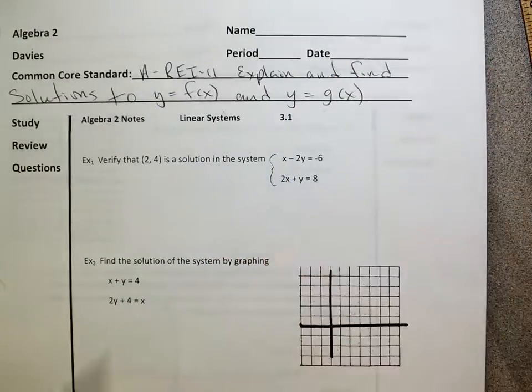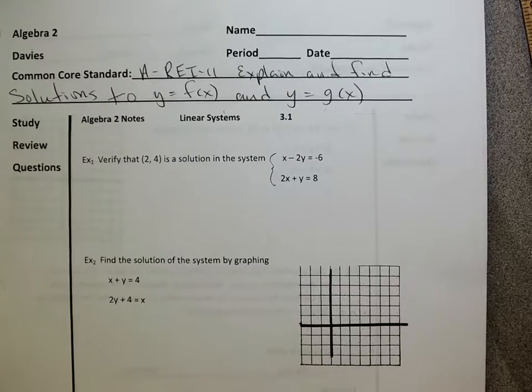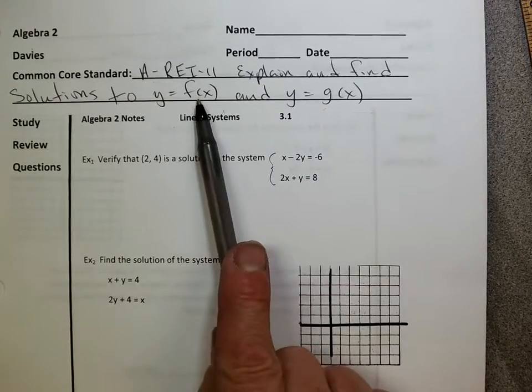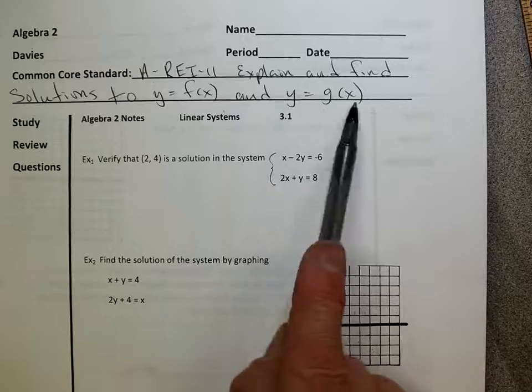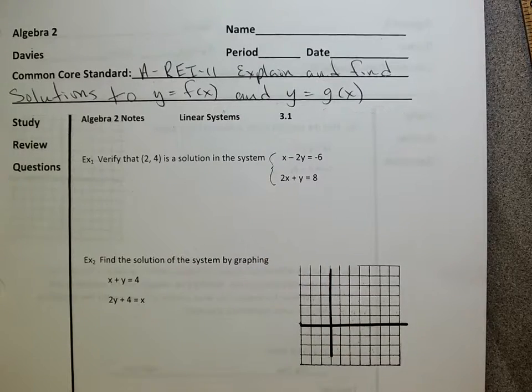So really, to find their solutions, we use f of x and g of x because they're two different lines, all right? So we graph two different lines. The solution has to be their intersection.